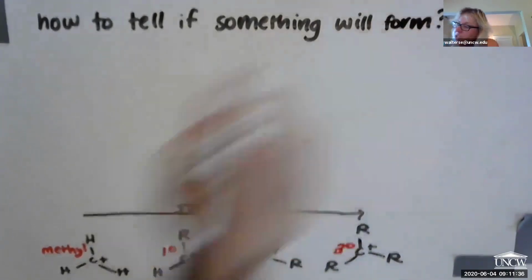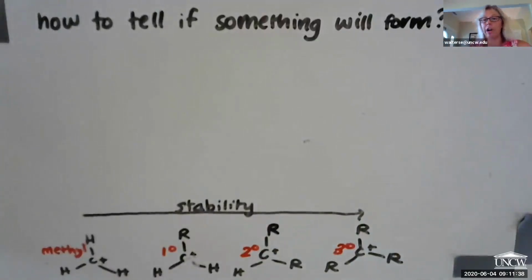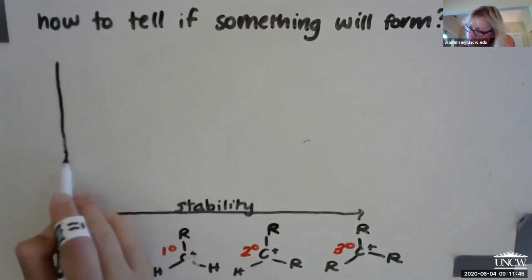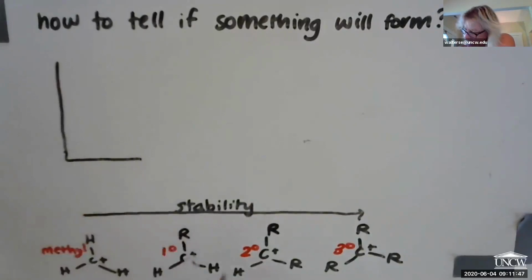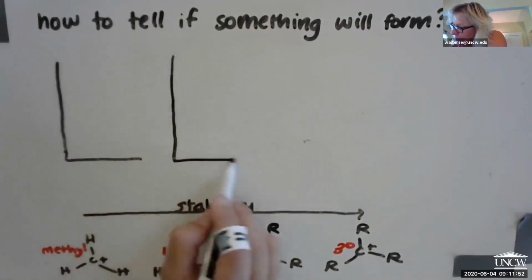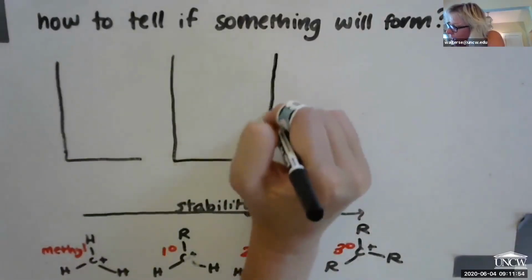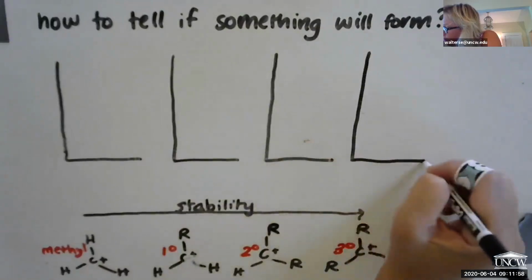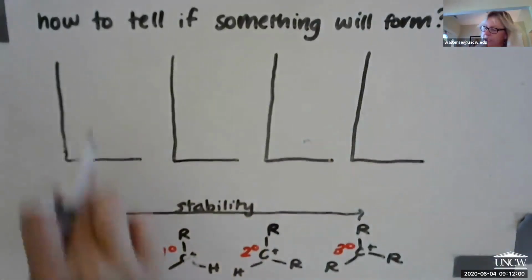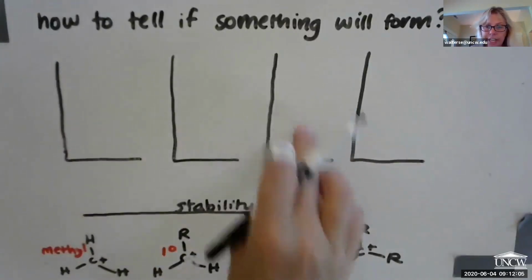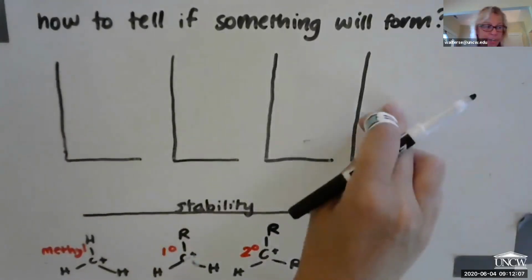So if you want to describe why something will or won't form, you need to look at the relative energies of those species on an energy level diagram. An energy level diagram has an XY axis. This one will be for the methyl, this for primary, this for secondary, this for tertiary.